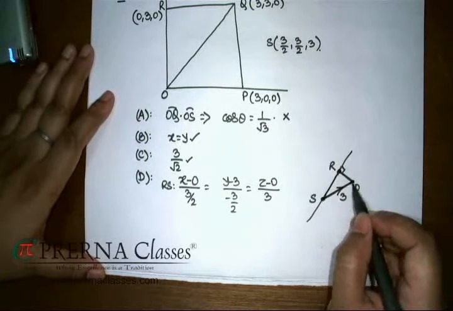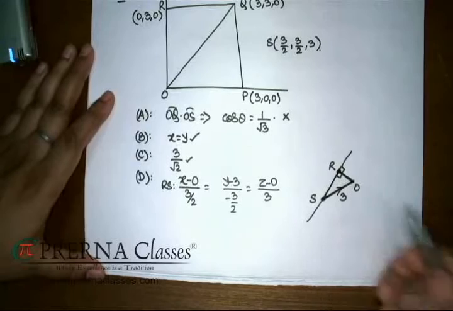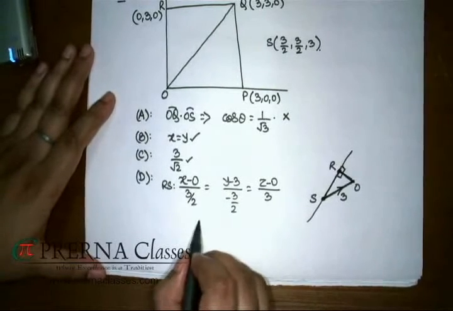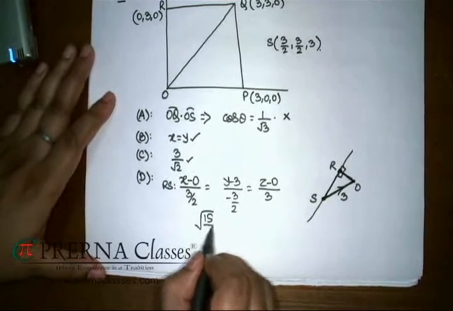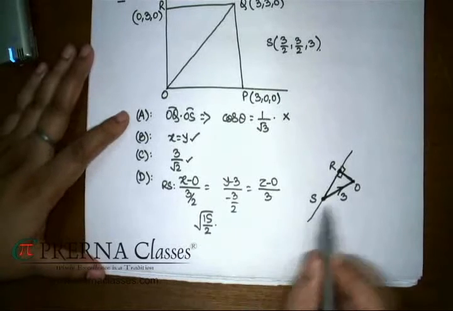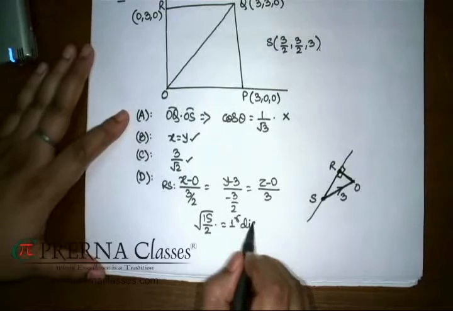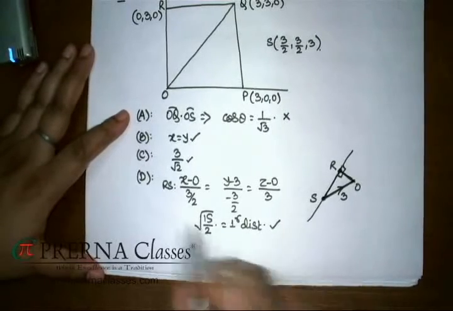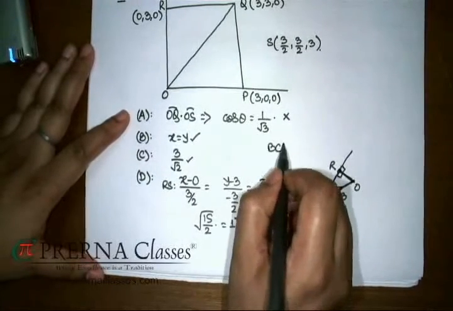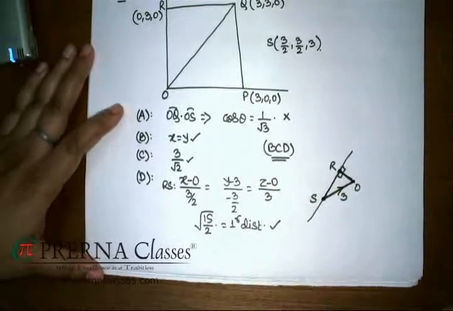Once you know that projected length, this length is known to you as 3 units. By Pythagoras theorem, you can figure out this perpendicular distance. Once you simplify that, you will find that root 15 by 2 is the correct choice for that perpendicular distance. So the correct set of options for this particular problem are going to be B, C, D.